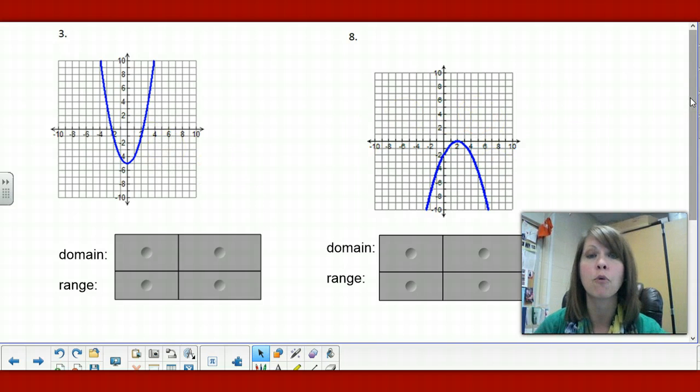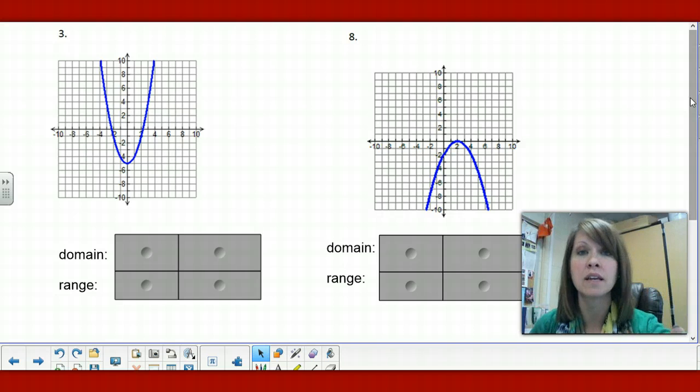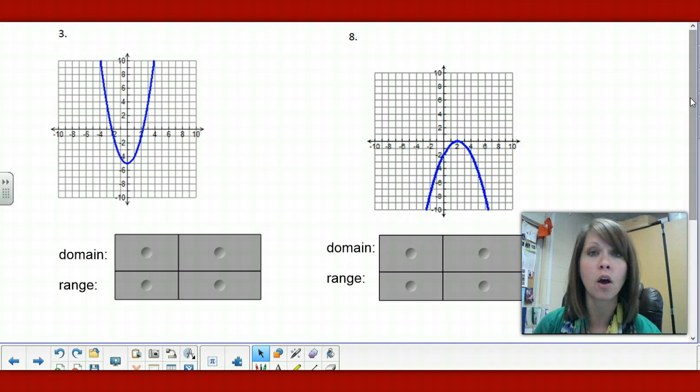Your assignment for Thursday is to state the domain and the range on 1 through 10 on these graphs. I would like for you to show those both with set builder and with interval to get used to the two of those. After this, you'll be able to choose which one you like the best, but you need to be able to do both. So we're going to do both today.